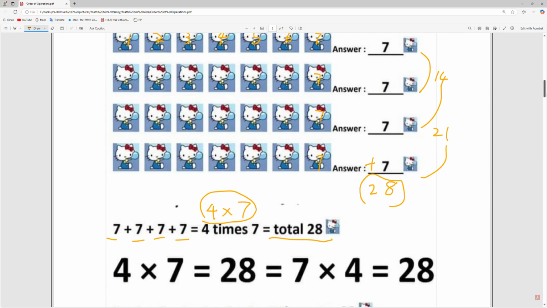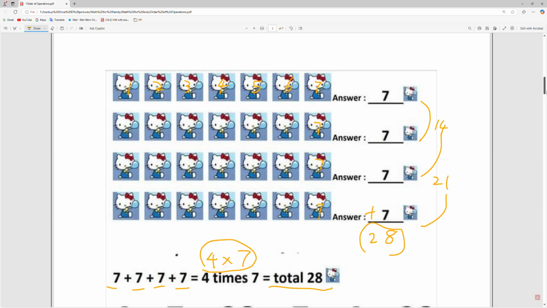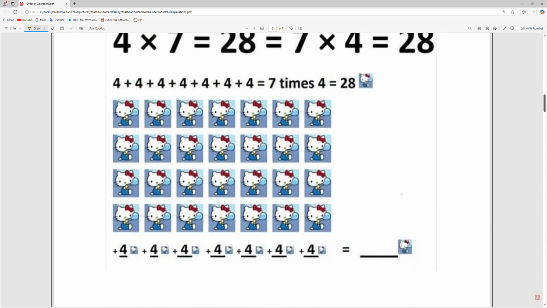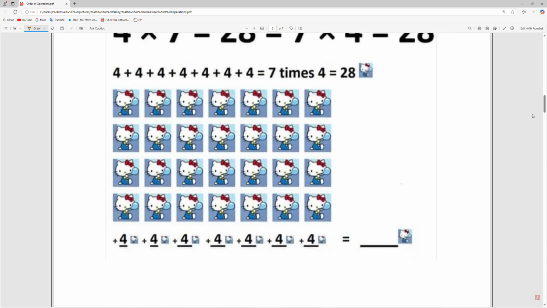And for the same amount of soldiers, you can either count by the row or count by the column. You can say 1, 2, 3, 4. So you have 4 plus 4 plus 4 plus 4 plus 4 plus 4 plus 4. So how many 4s?